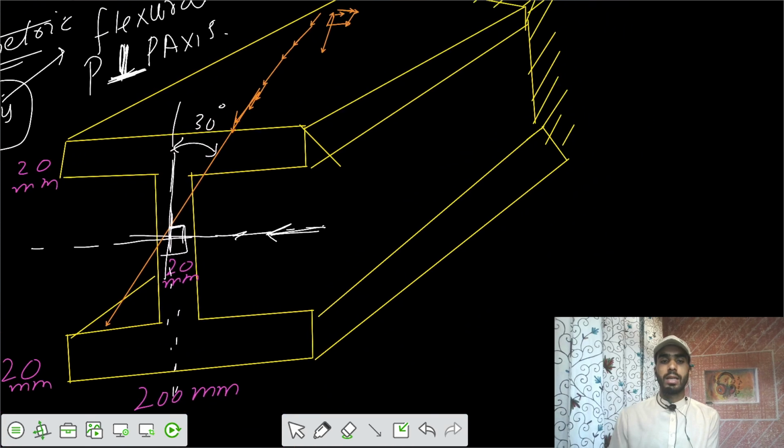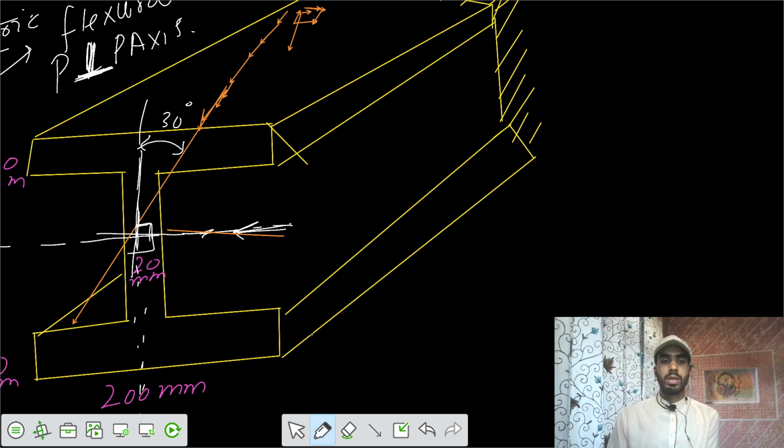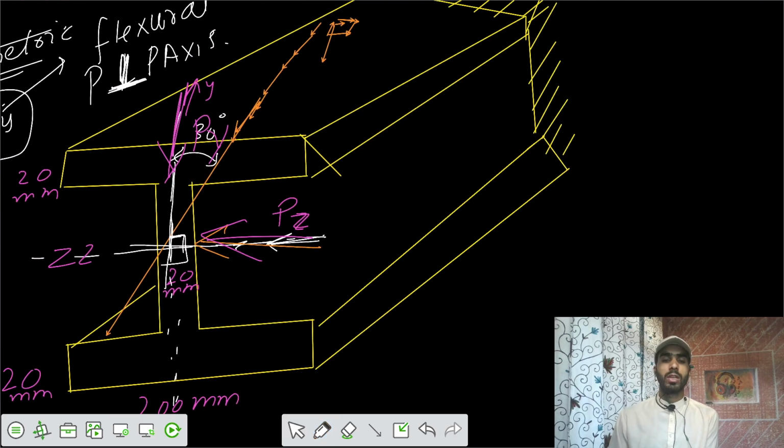We can solve individually and then superimpose the effects.